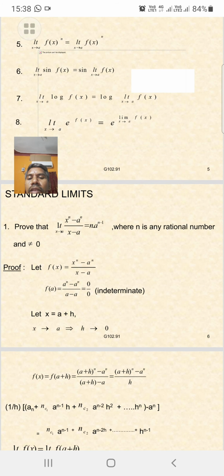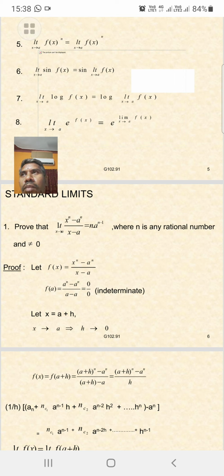Some formulas are also given here with proofs. These formulas are also used to find the limits for different functions.